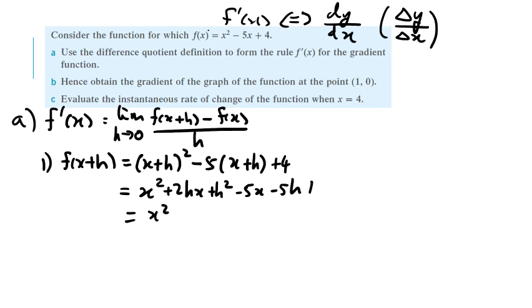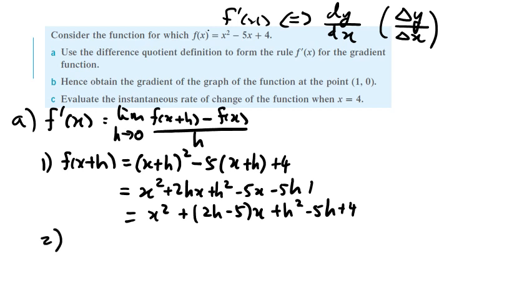So you have the x squared. I'll group all the x terms first. So you have 2hx and also the minus 5x, plus h squared minus 5h plus 4. Yes, you do get a giant expression every time.